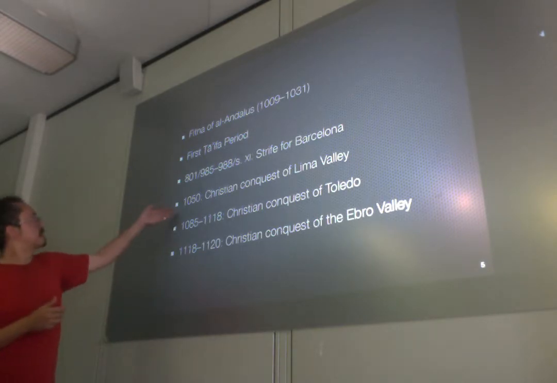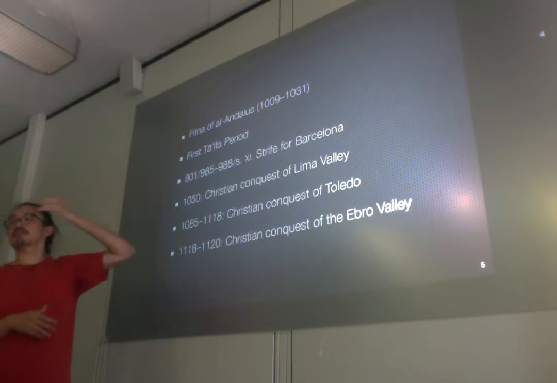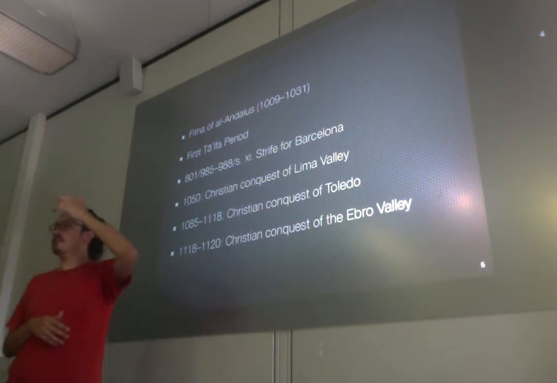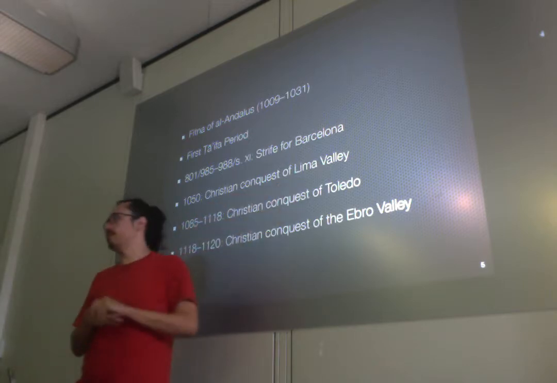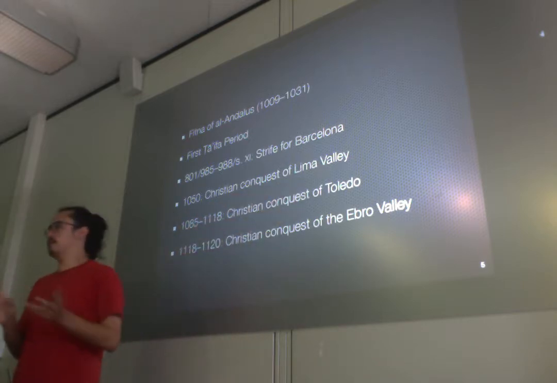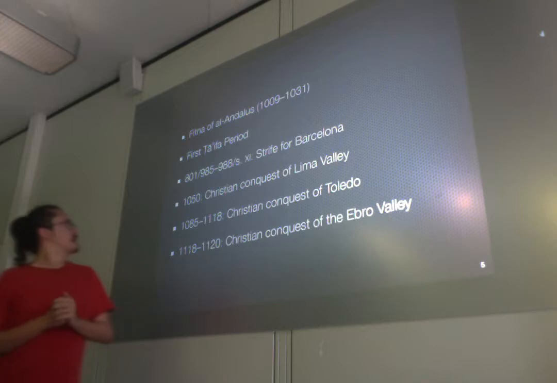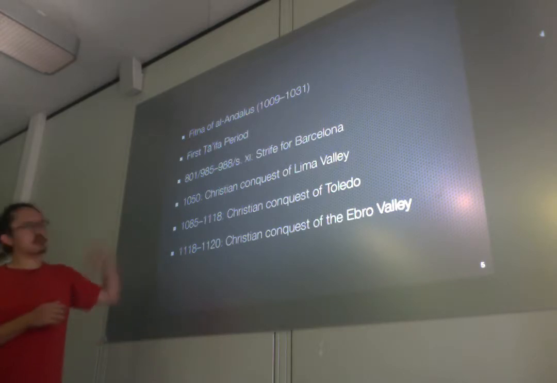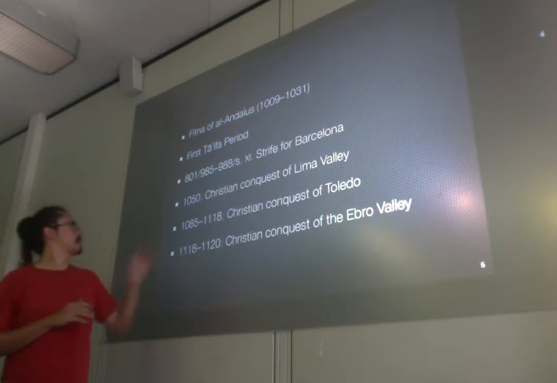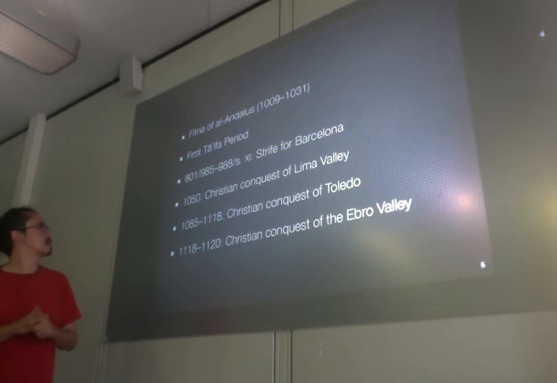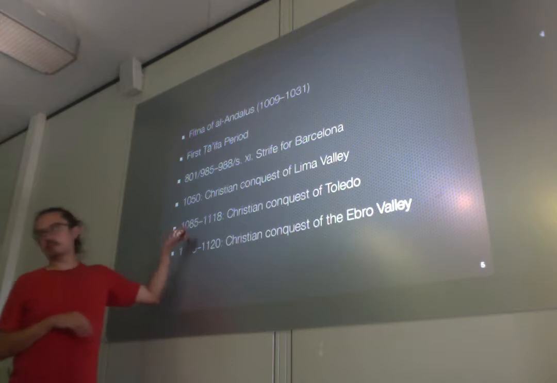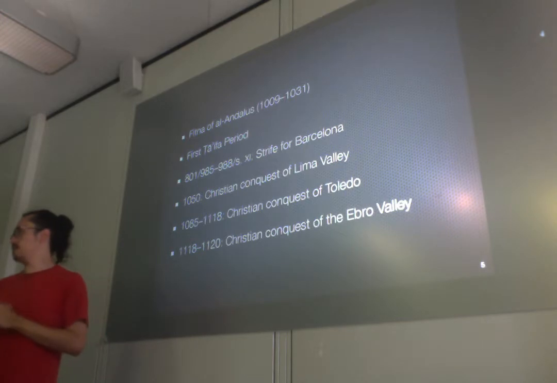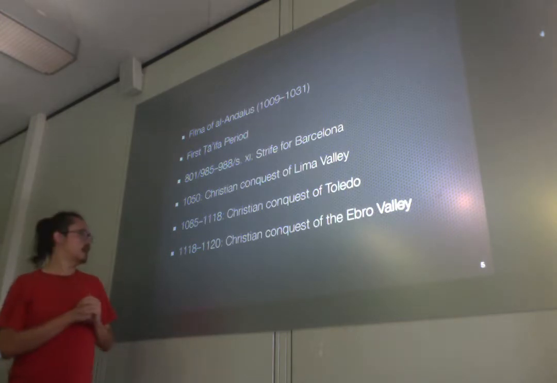Afterwards, we also have this translator called John of Seville, who translated in the Lima Valley in northern Portugal, in Galicia. The Christian conquest of Lima Valley came in 1050. Then the Christian conquest of Toledo in late 11th, early 12th century.